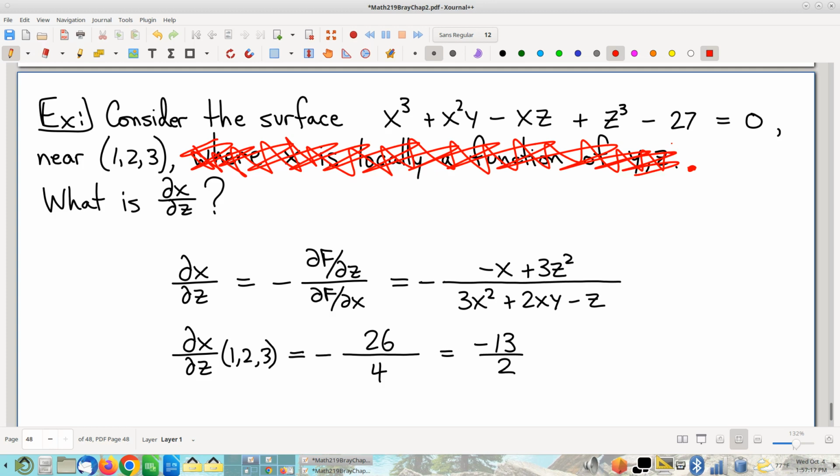Now, frankly, that's kind of an inappropriate question. As stated, this question is asking for a derivative of something that we haven't even established is a function. It's sketchy. The reason that you see questions like this so often is because that's how life tends to work out. People come to you with inappropriate questions sometimes, right?